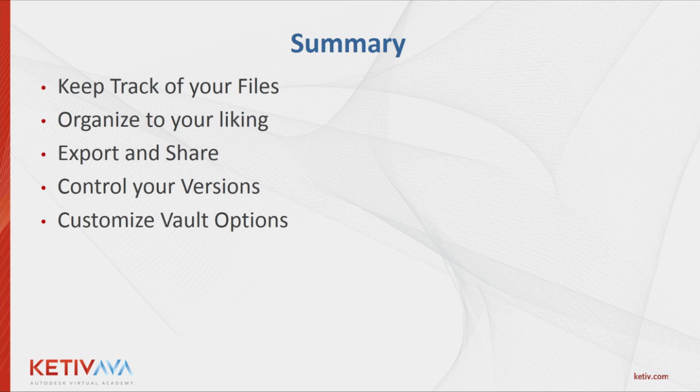Export and share them over to outside consumers, outside customers, or vendors, and include that log file as opposed to the Inventor Pack and Go, which doesn't include that. And control your versions. We went over how to bring back an older version that you needed. Just make sure that you properly save it, and it should overwrite any changes that you might have made while still keeping them in the history.